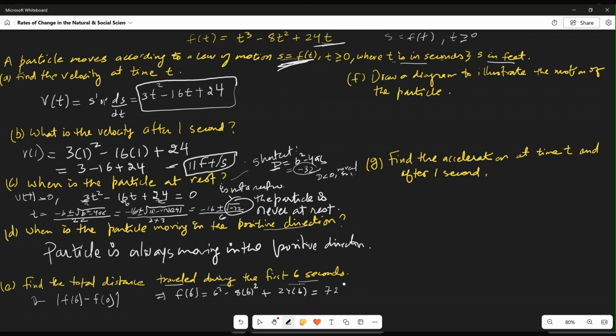This is simply the movement of the particle, the distance. And at 0, this is simply 0 feet. So the distance traveled during the first 6 seconds is basically 72 minus 0, which is equal to 72 feet.